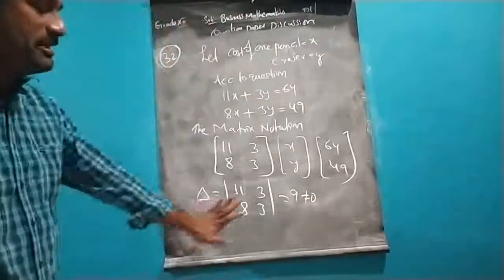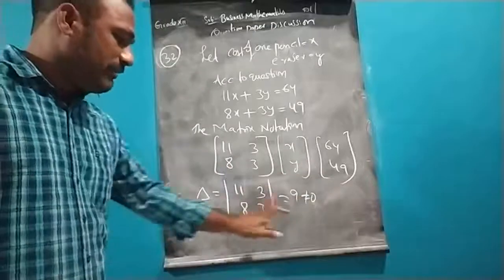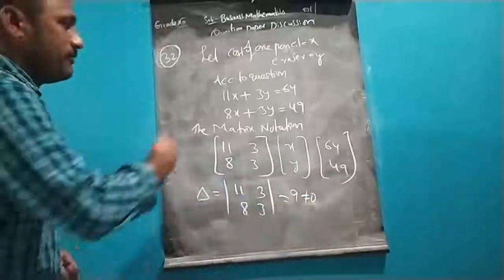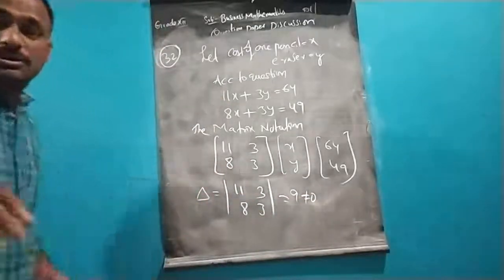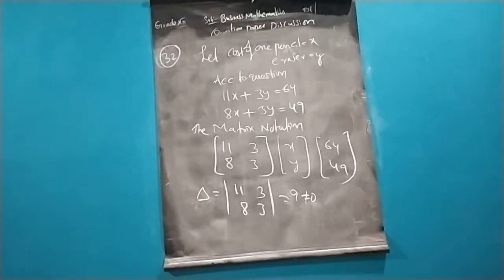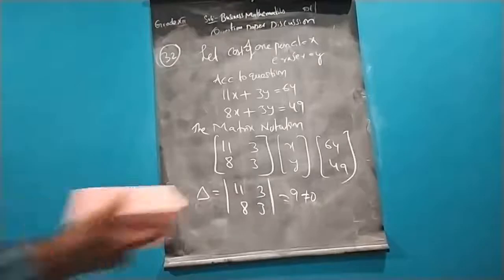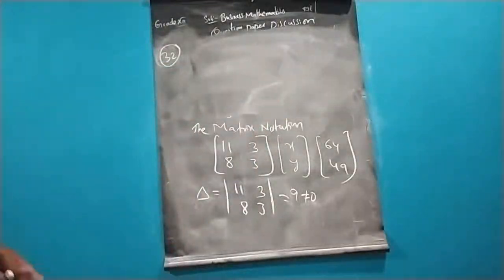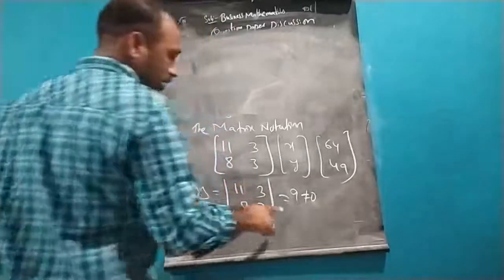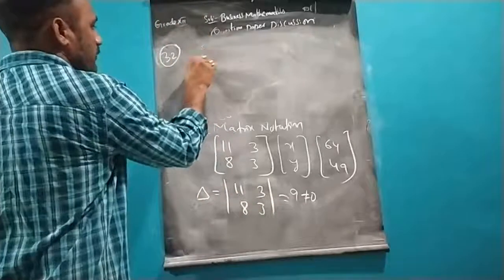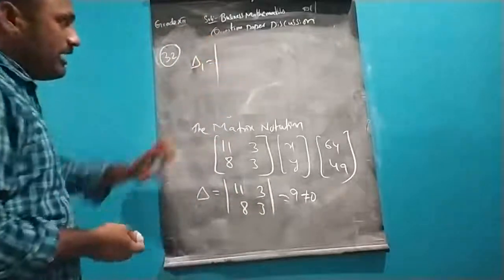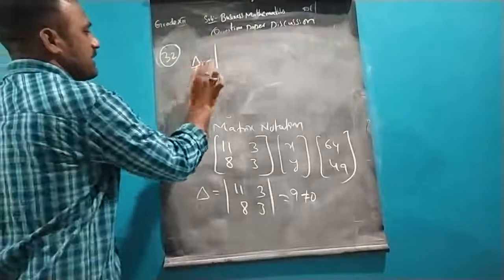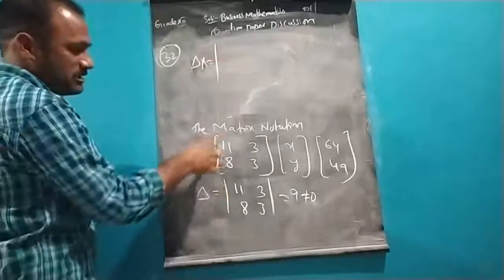Since delta is not equal to 0, we can apply Cramer's rule. Delta x is written so because we are changing the x column.